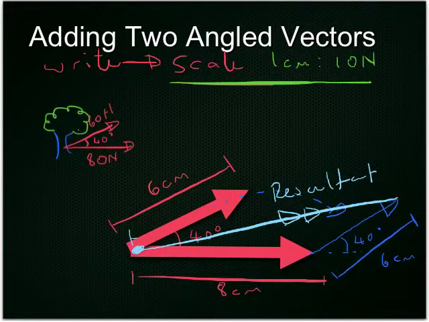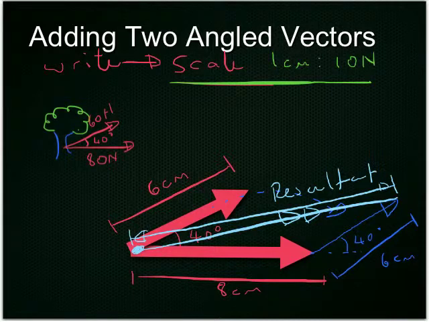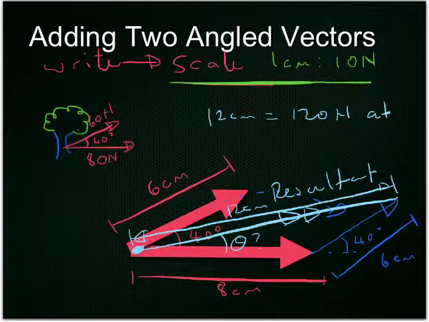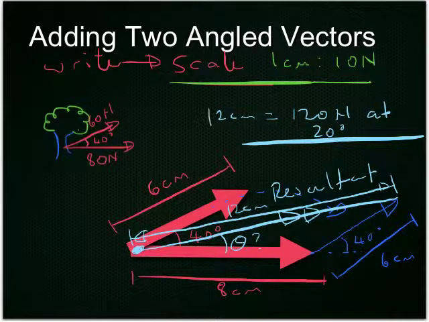You grab your ruler, you measure that, and let's say in this case, I'm just guessing here, it was 12 centimetres. So 12 centimetres will be equal to 120 newtons. And then you grab your protractor and measure the angle at, let's say, 20 degrees. So you actually measure it with a ruler and a protractor.